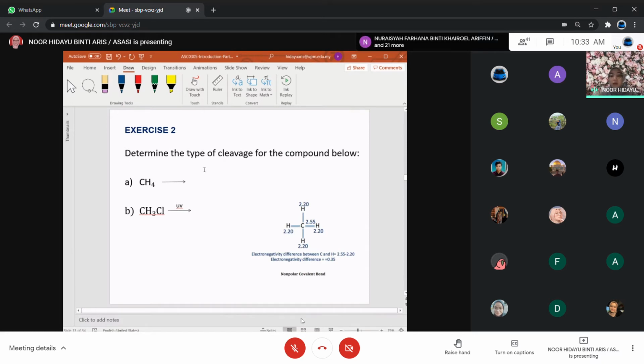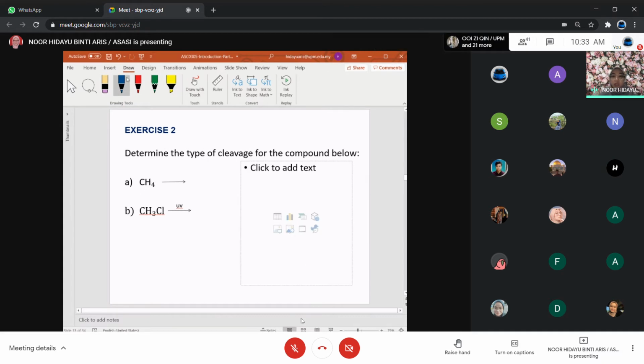Okay, so let's see this exercise 2. Determine the type of cleavage for the compound below. Okay, we have CH4. Kalau tak pasti, kita draw expanded structure. So we have CH4.